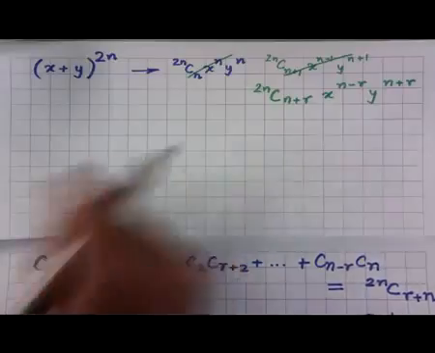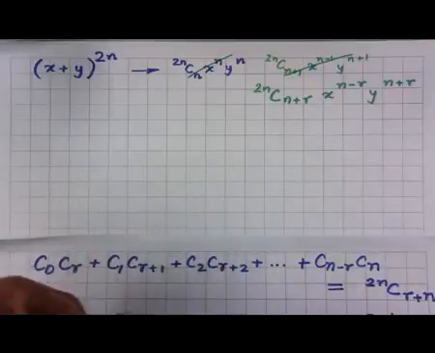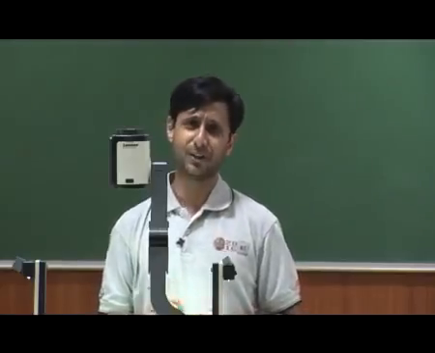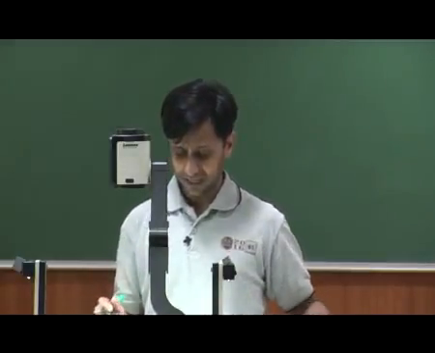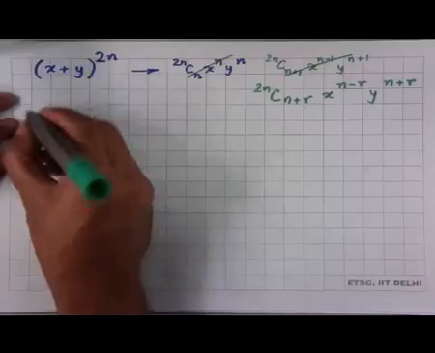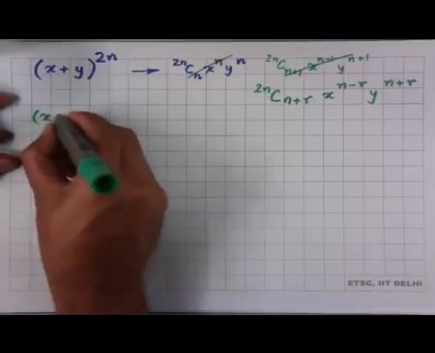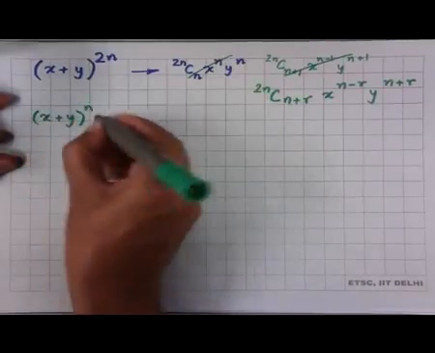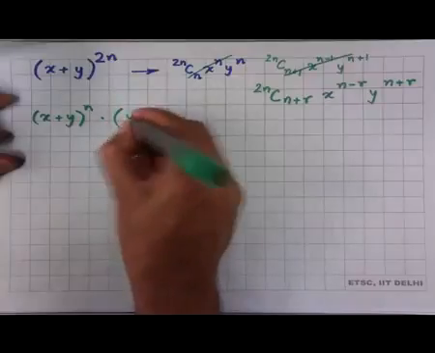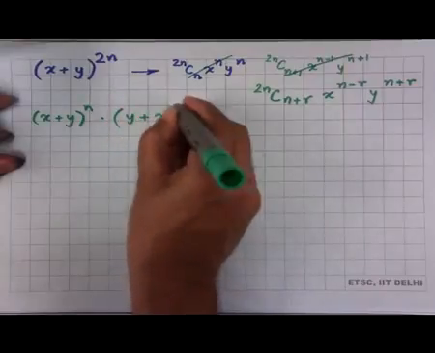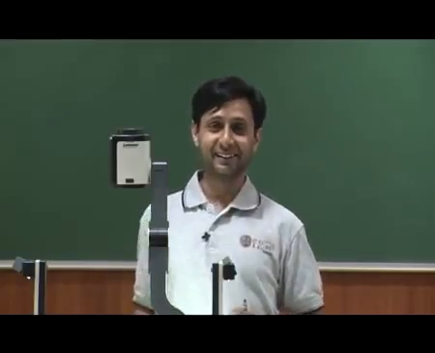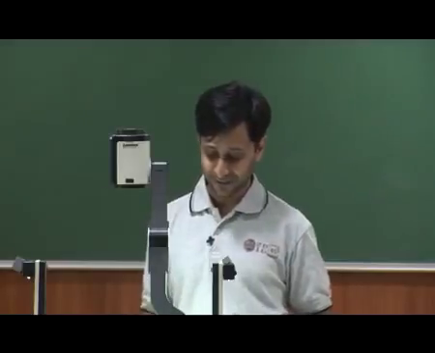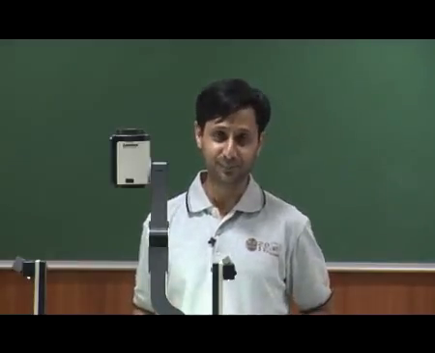This binomial expansion is not the only way to expand this. Maybe you can also expand it as (x + y) to the power n times (y + x) to the power n. Now, why did I flip it? You will soon see why I flipped it. It is not totally obvious, but I have flipped it for now.